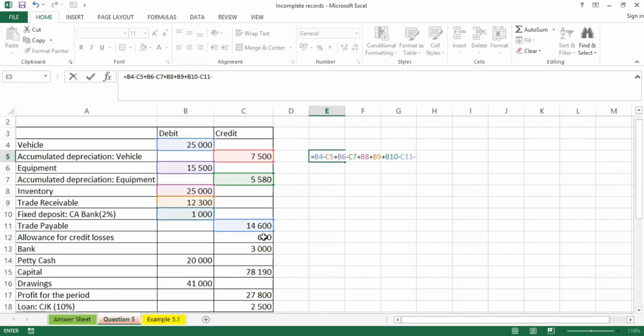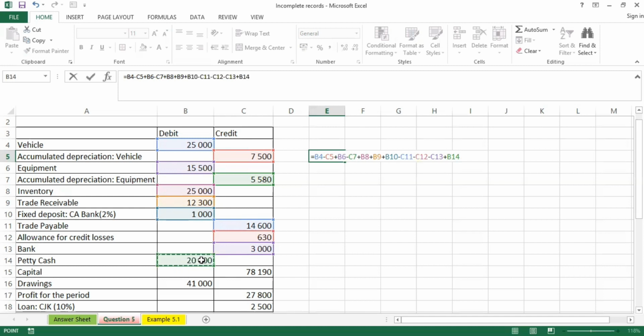Then we also minus our allowances for credit loss. We also minus our bank overdraft. And then we add our petty cash. Our capital is our owner's equity, we don't touch that.